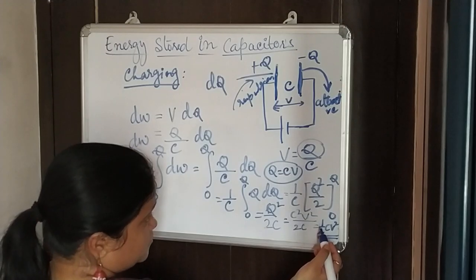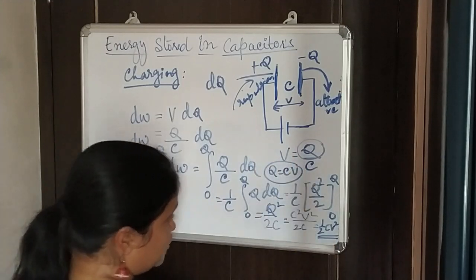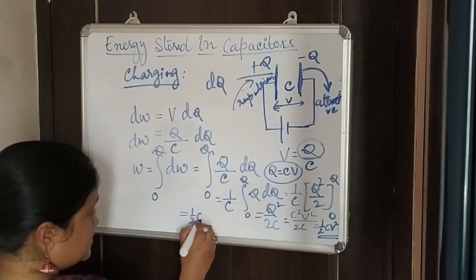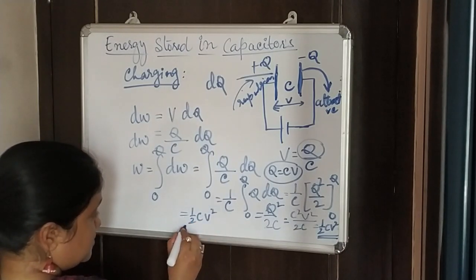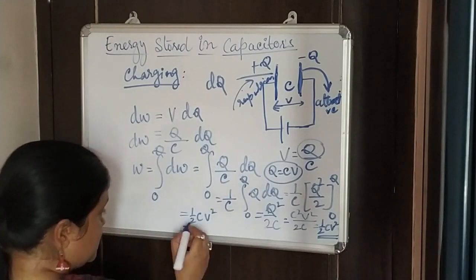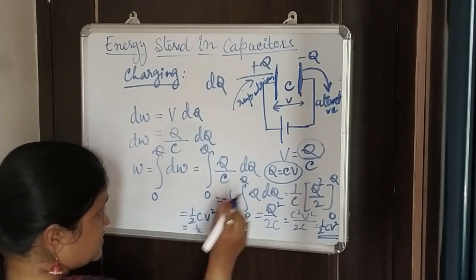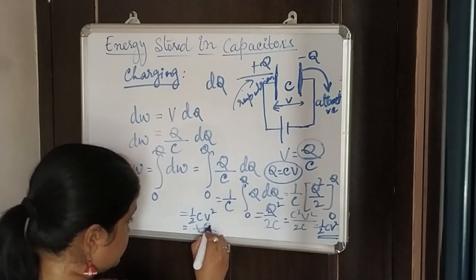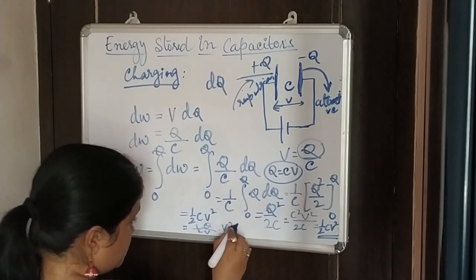Again, if we substitute for C as Q by V in the same expression, half C V square, we get half Q by V into V square.